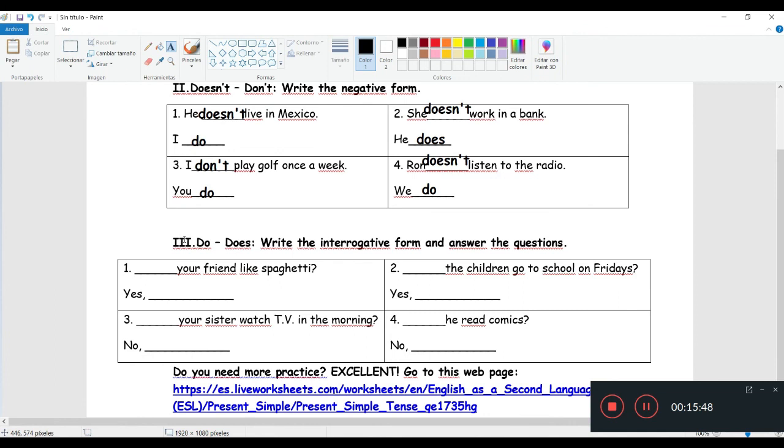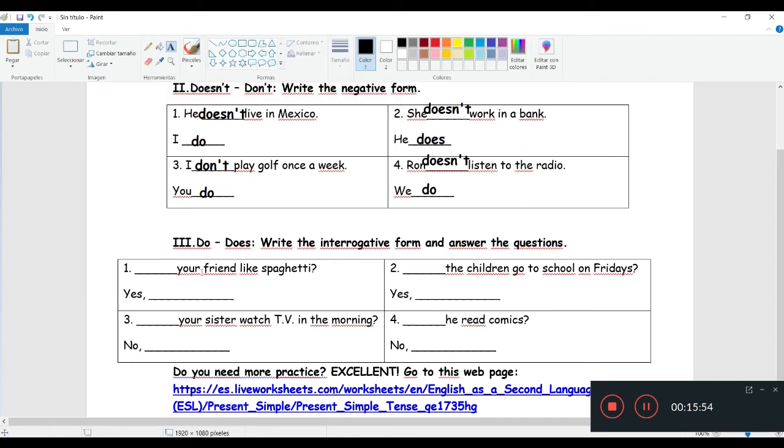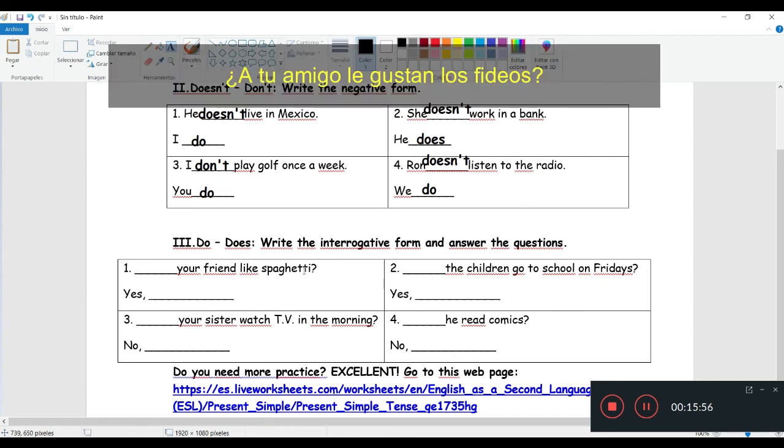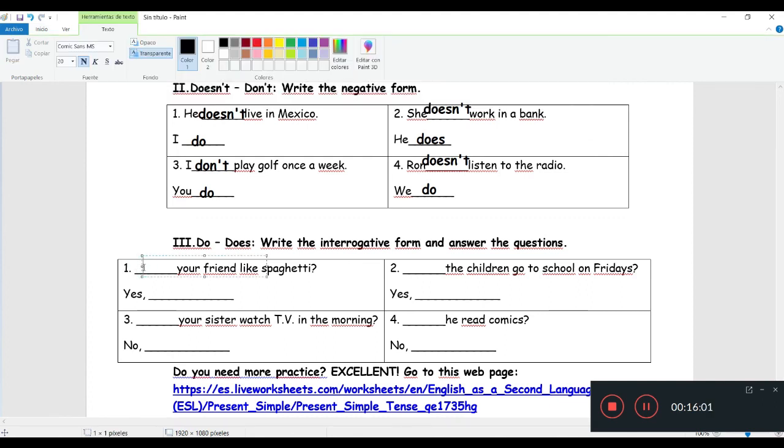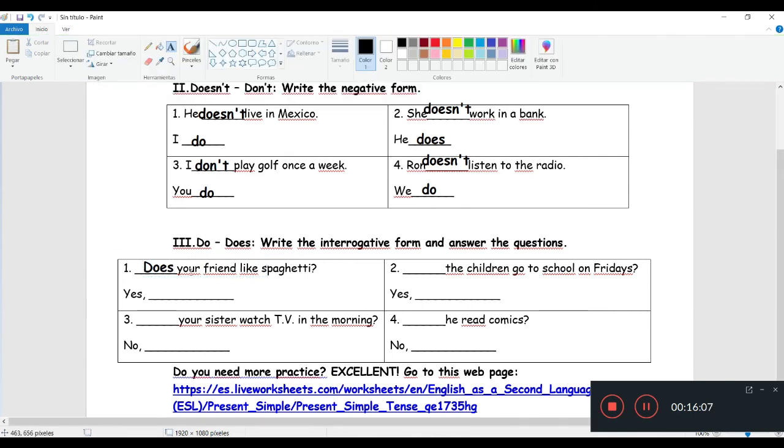Number 3. Do or does. Write the interrogative form and answer the questions. Your friend like spaghetti? Does. Why does? Why does means you? No. Your means tú, algo tuyo. Friend, amigo.